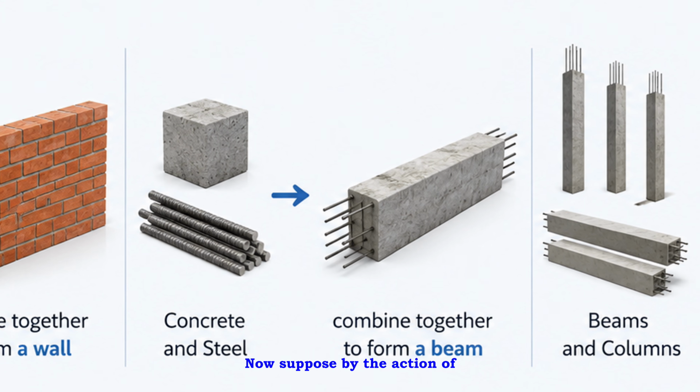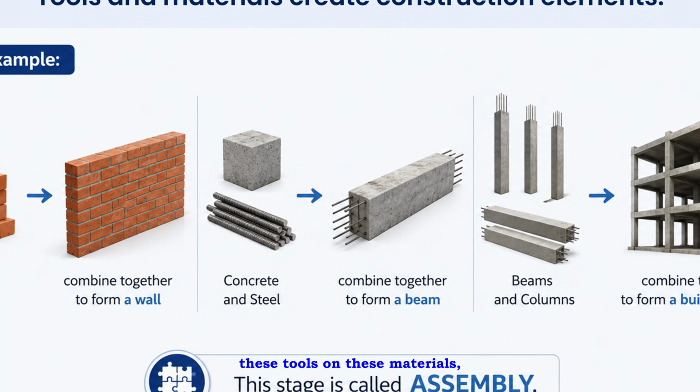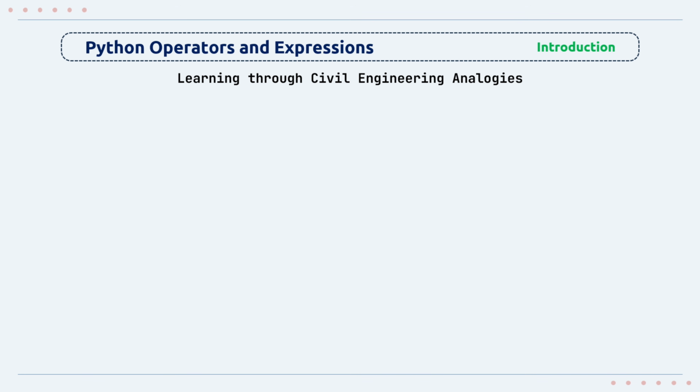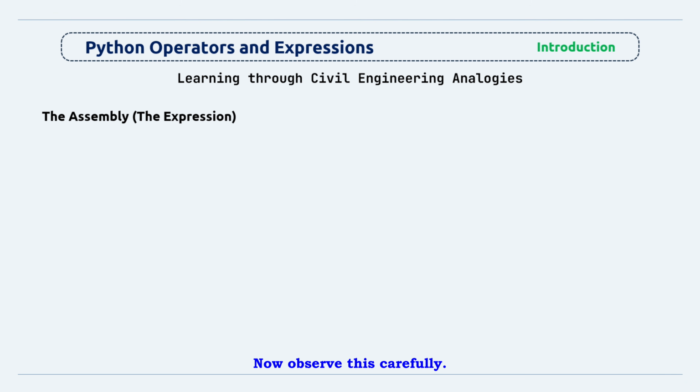Now suppose by the action of these tools on these materials, some construction elements are created. For example, bricks combine together to form a wall. Concrete and steel combine together to form a beam. Beams and columns combine together to form a building frame. This stage is called assembly. Now observe this carefully.